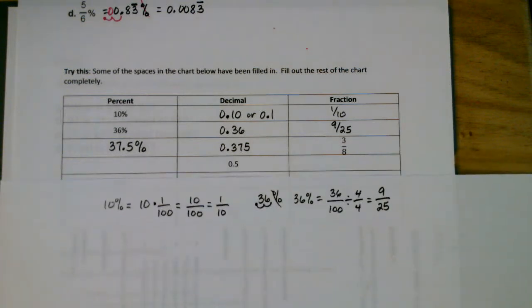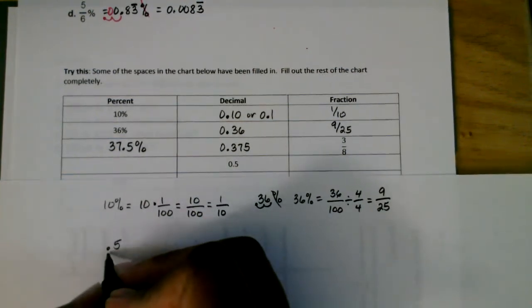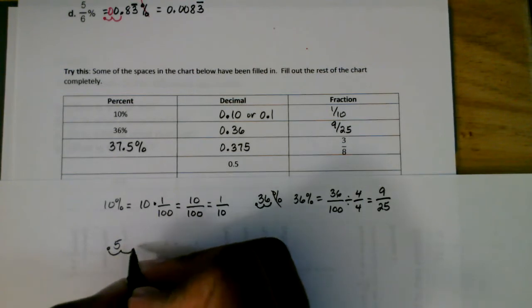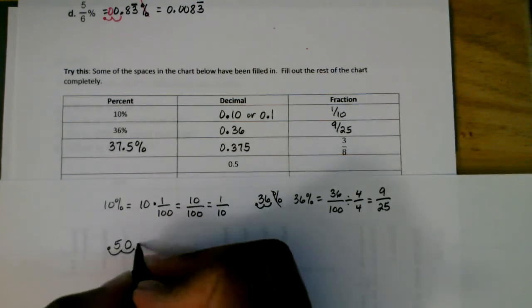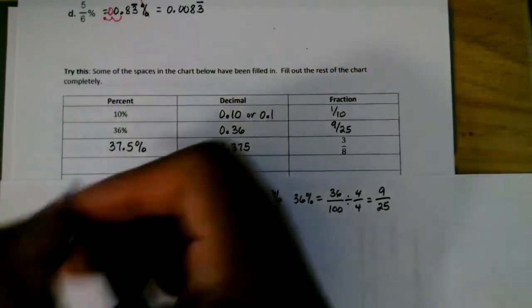Okay. Now 0.5, that's a decimal. Let's change it to a percent and then change it to a fraction. Well, for the 0.5, we need to move the decimal point 2 places to the right and add a 0. So that means 0.5 would be 50%.